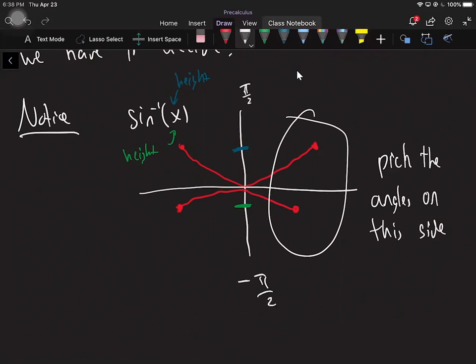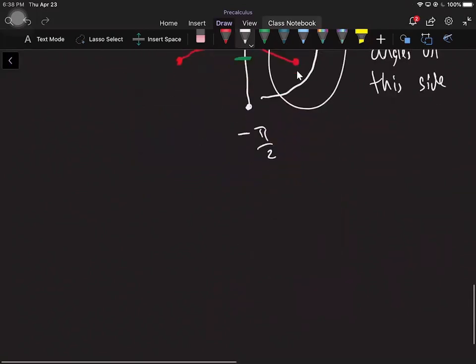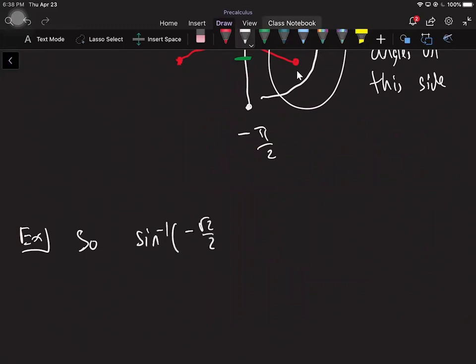So we're really thinking about it as this half starting at the bottom angle being negative pi over 2 and then going up to the top being pi over 2. So it seems a bit complicated, but let's just do some examples real quick. So if I say, what's sine inverse of negative root 2 over 2?